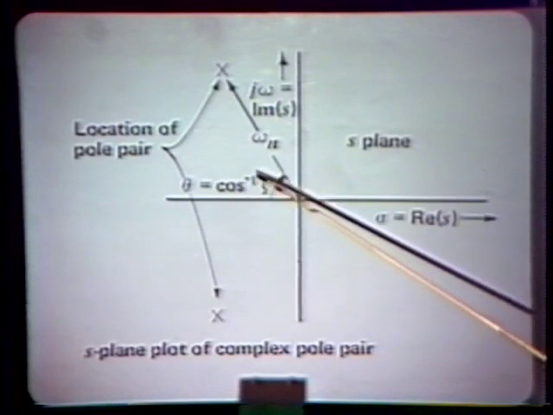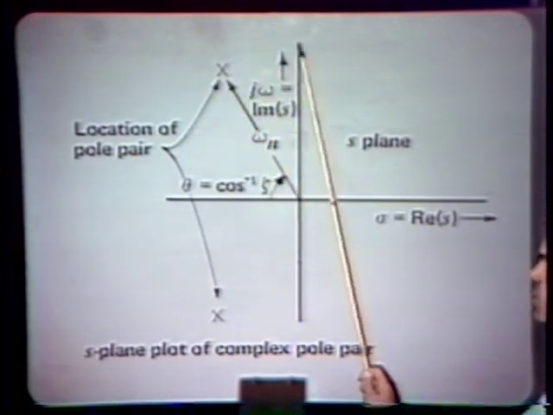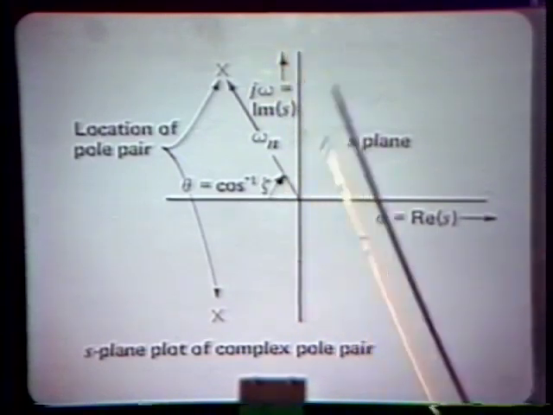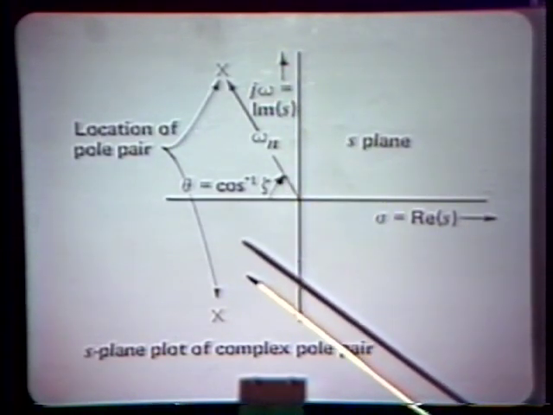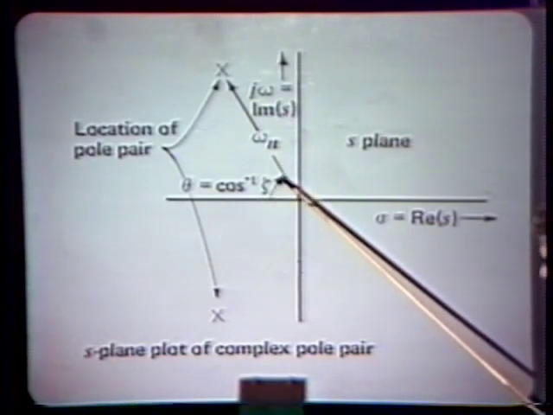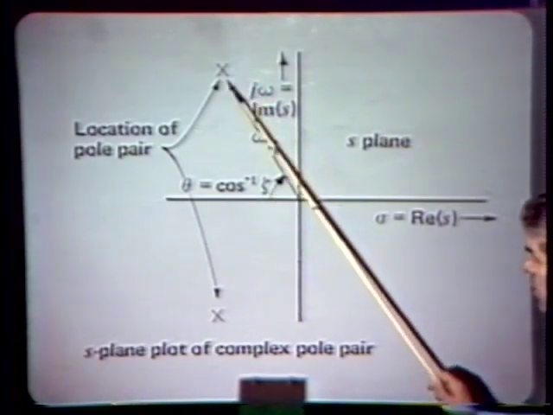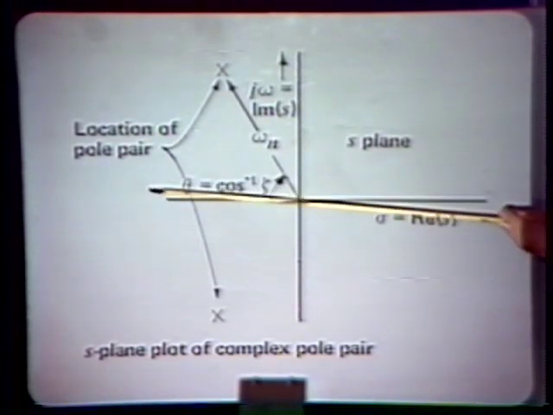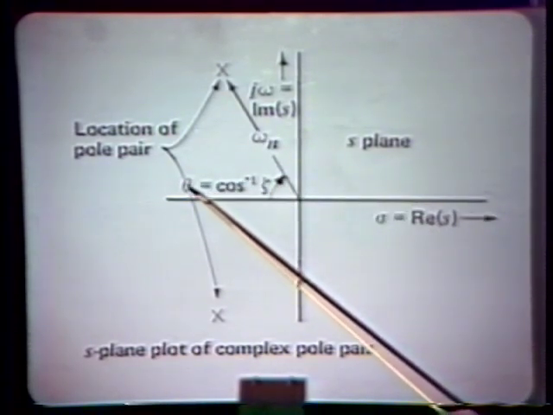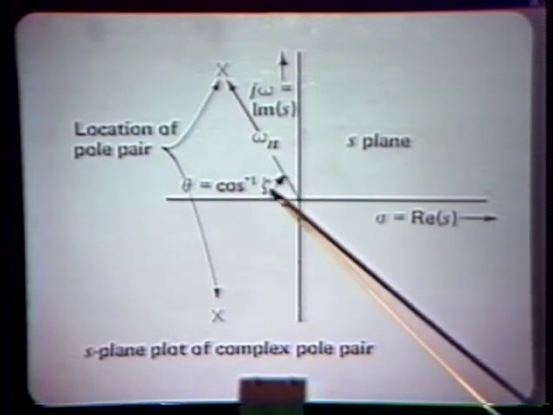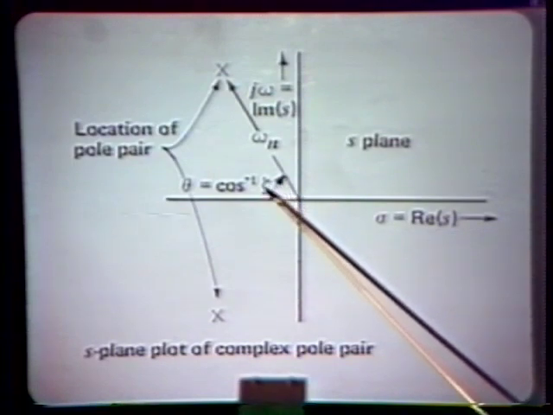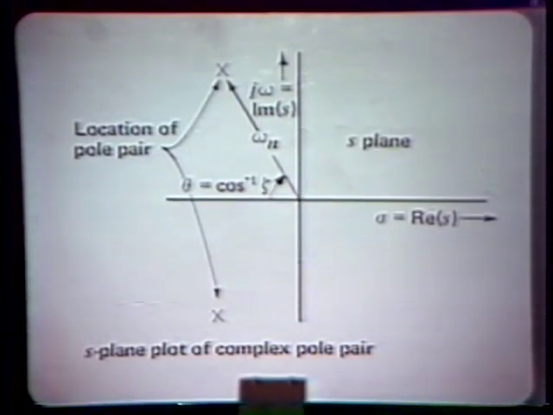And the damping ratio indicates really how close to the imaginary axis the pole pair is located, how much they're rotated toward the imaginary axis. And in particular, this angle, the angle between a radius drawn to one of the poles and the real axis in the s-plane is such that theta is the arc cosine of the damping ratio, or the cosine of this angle theta is in fact equal to the damping ratio.